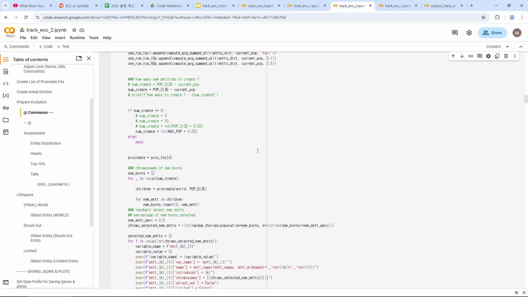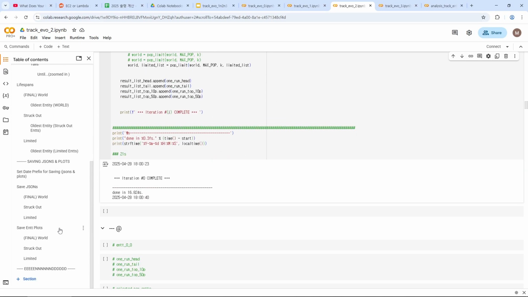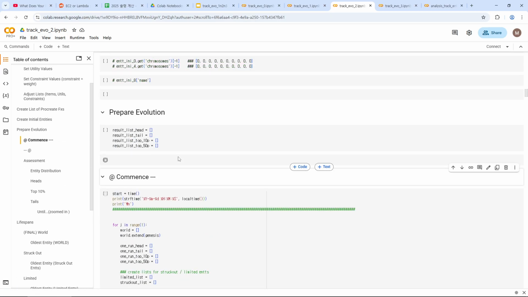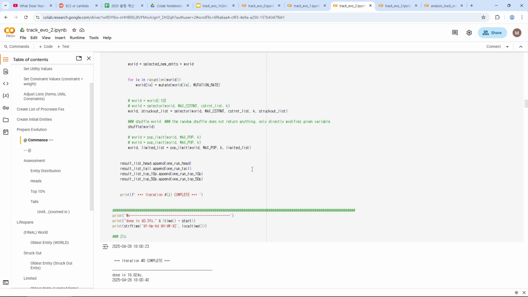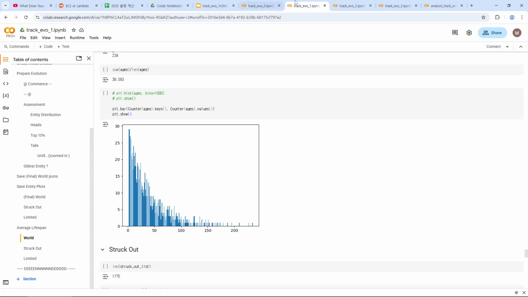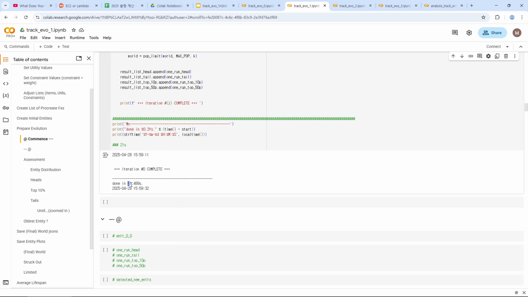Apart from that, it's the same. By putting all the saving of JSONs, for those that were struck out or limited, towards the very end, the evolution only took 16 seconds compared to 21 or 22 seconds.